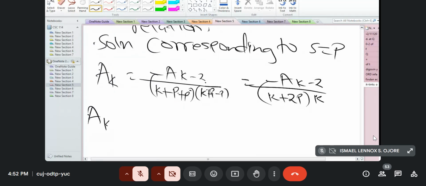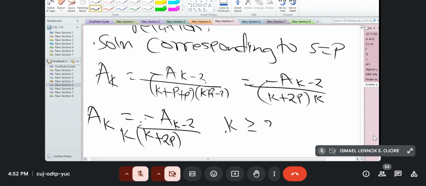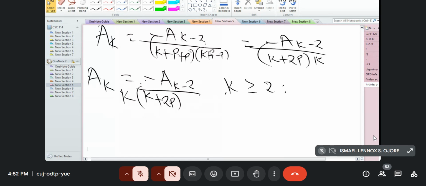So the solution corresponding to the index s equals p will be given by A sub k equals minus A sub k minus 2 divided by k plus 2p times k. If you start with k or start with k plus 2p, it's the same thing. But you have to specify that k is greater or equal to 2. So this is the recurrence relation.